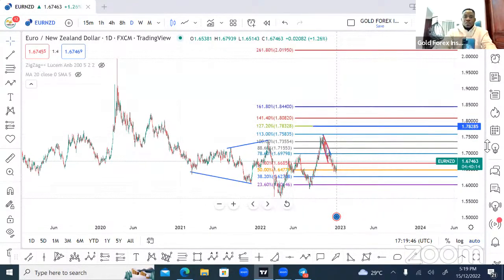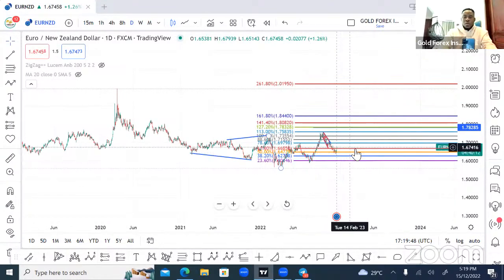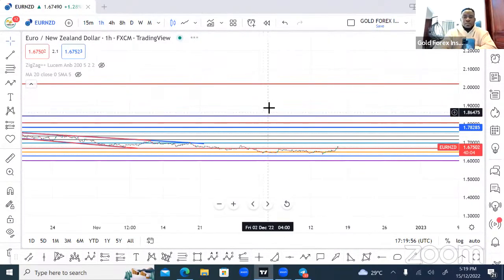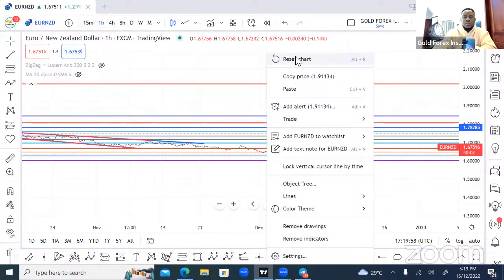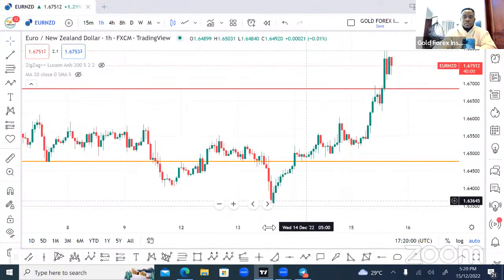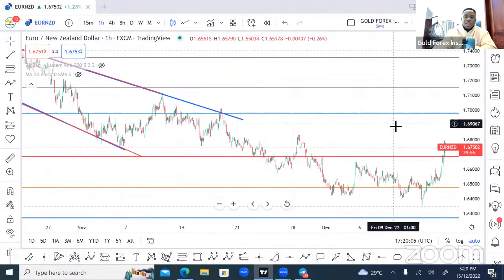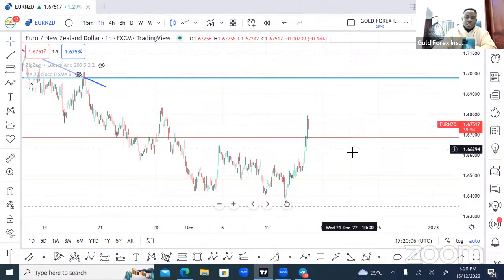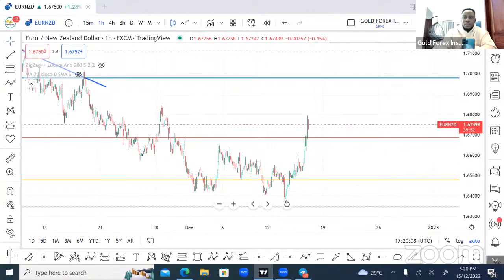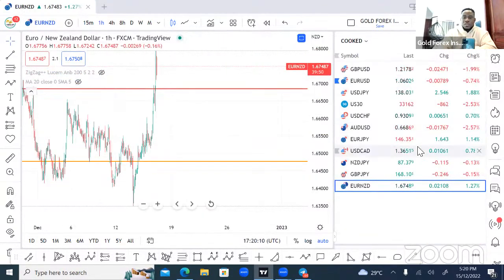We have a lot of highs in the market here for Euro NZD. So currently we are just looking for that kind of correction and join the buy. Okay, we've already done this one.